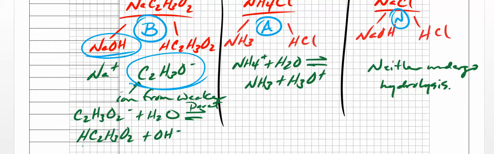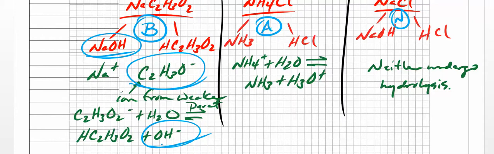So we have HC2H3O2. So what did you produce? You produced hydroxide, right? Well, Bronsted-Lowry bases produce hydroxide. So that's the real reason that we classify this salt, the NaC2H3O2, as a basic salt, okay?